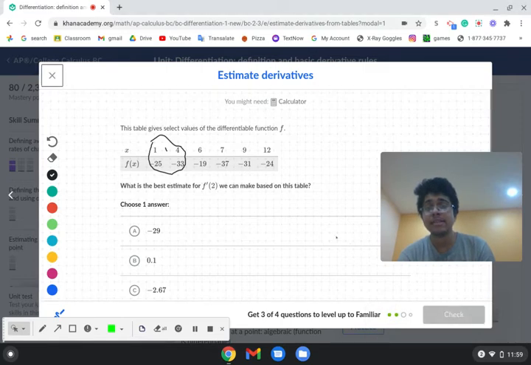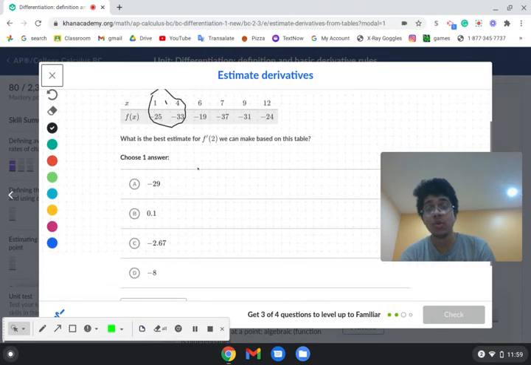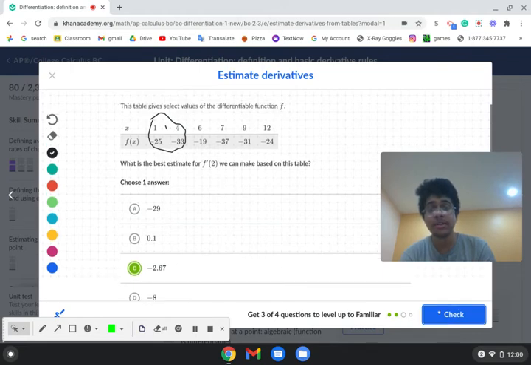So negative 33 minus negative 25, that's negative 8, all over 4 minus 1, which is 3. So that's negative 8 over 3, and that would be approximately negative 2.67. So f prime of 2 is approximately negative 2.67 according to this table.